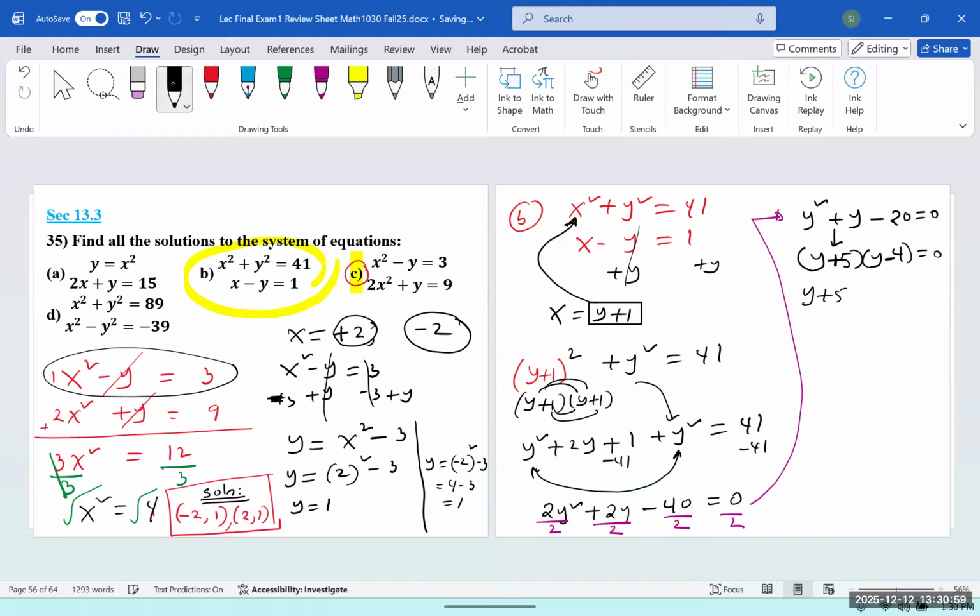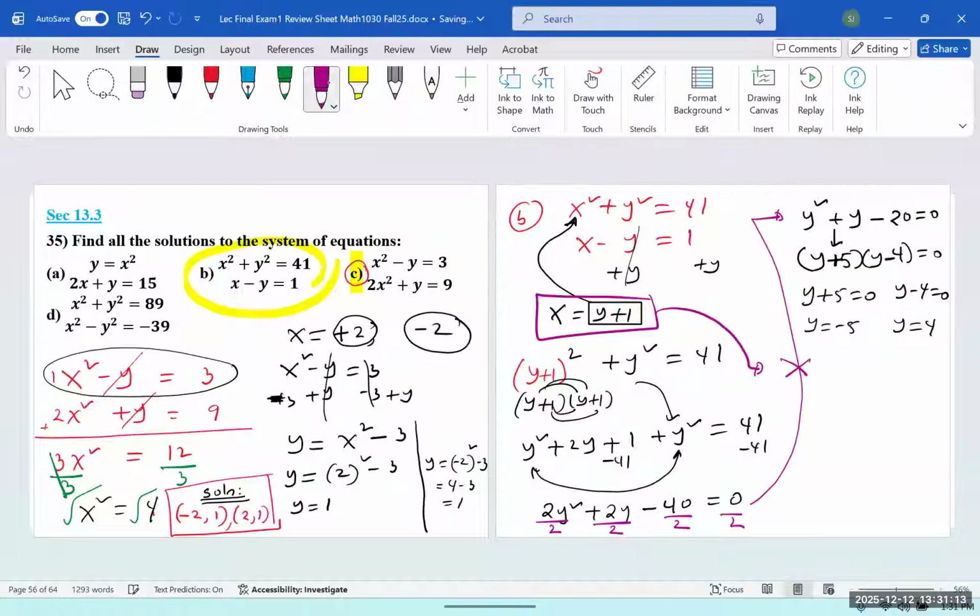So we get y plus 5 equals 0, y minus 4 equals 0. So y is -5 and +4. Now we already know what our x is. So we go and write down x is y plus 1. Our first y is -5, so our x is -5 plus 1, which is -4.